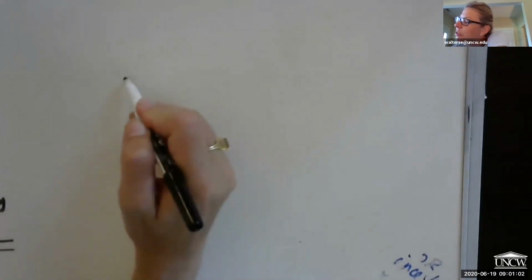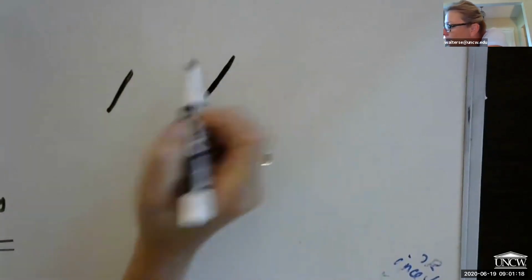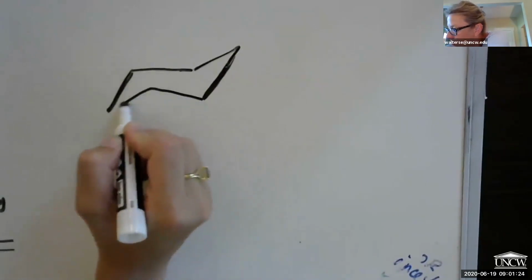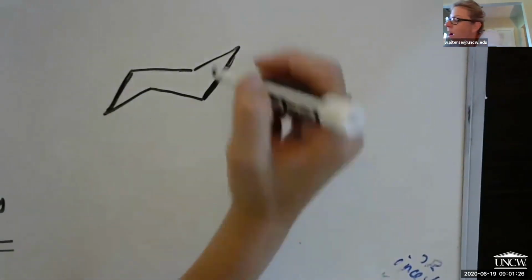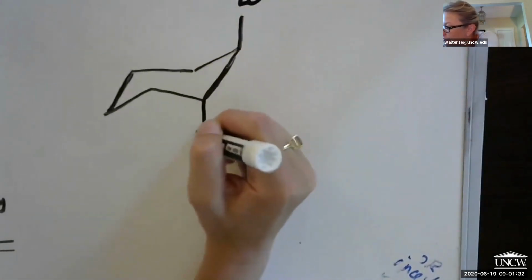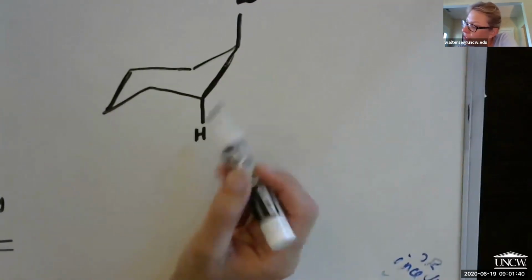And I guess the trouble, oh my gosh, I'm tired of these markers, is that if it's in the class, like when we did these together, I put the leaving group up here, and then we analyzed the axial down hydrogen that was beta.